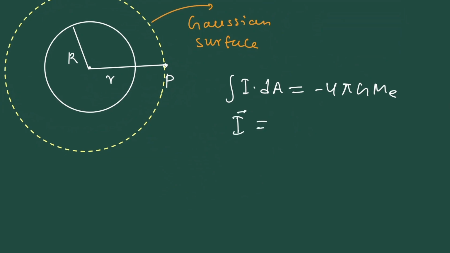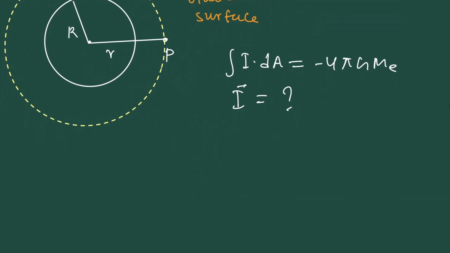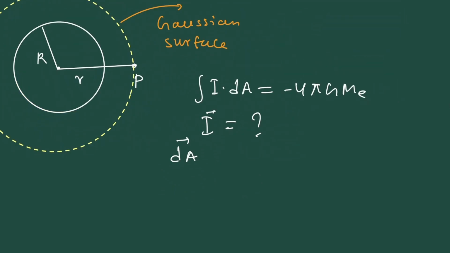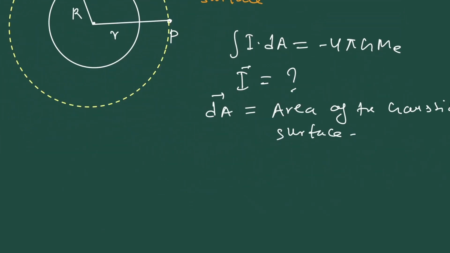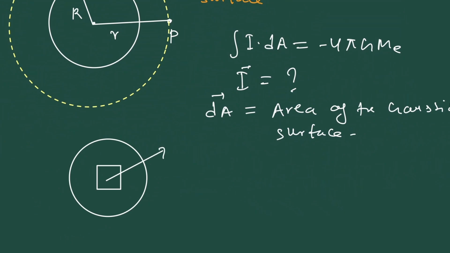So I is just the gravitational field intensity that we need to figure out. Then what about dA? Well, dA is just the area of the Gaussian surface. Well, one thing to consider is that if we have a sphere and if we consider a small elemental area on its surface, then the area vector coming out of the surface is always perpendicular to the surface itself.